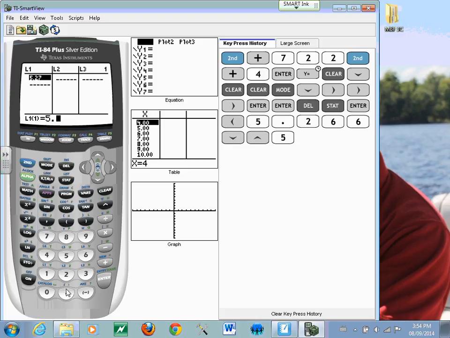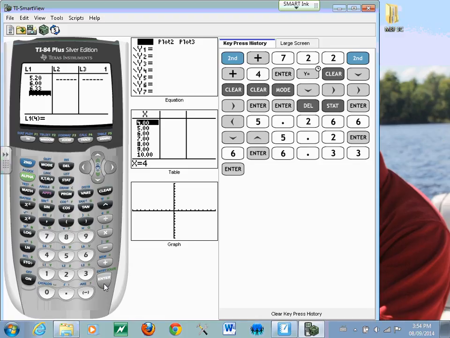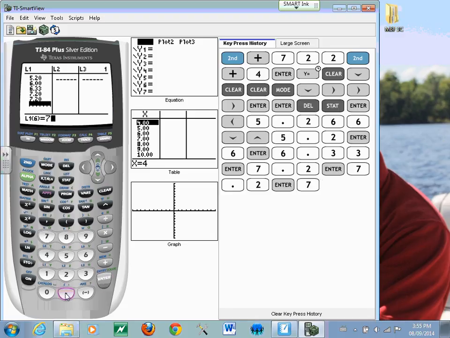So I'm just going to go 5.2, enter. Okay, and then I go 6, enter, and then 6.3, enter, and then 7.2, enter. Got to do that 3 times. Okay, and then I've got 8.2.